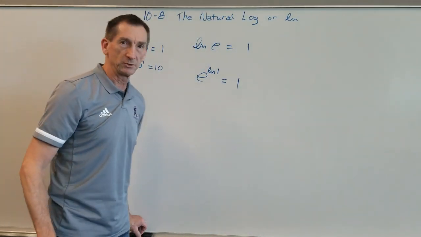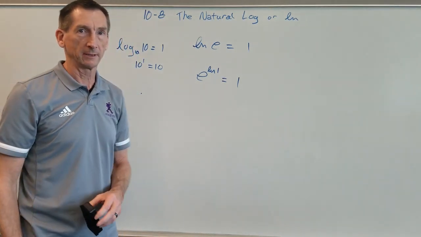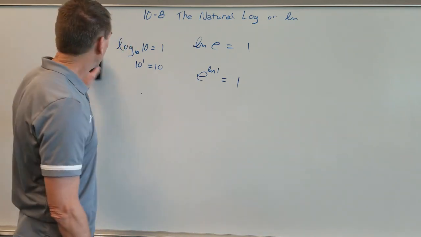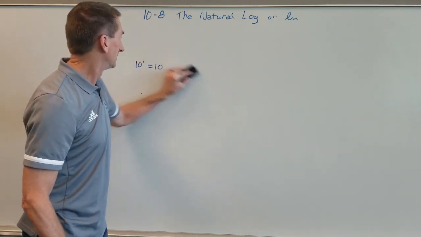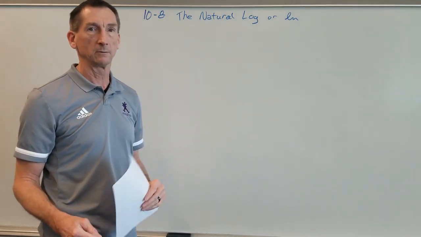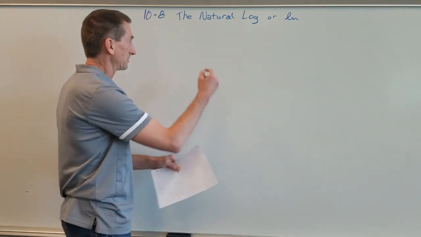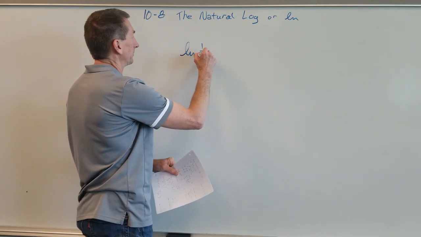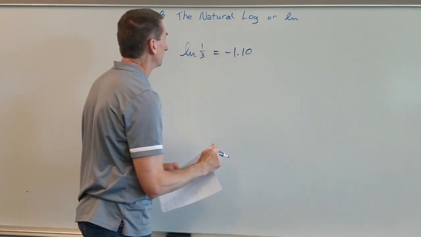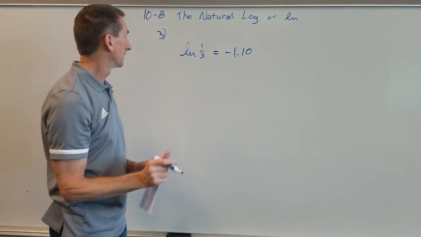So let's do some problems with natural log, which are really nothing different than the last section. It's just that we're using natural log instead of regular log. All the properties apply. Laws of logarithms apply just like they did with regular logs. So let's take a look at some of these. Natural log of 1/3 is equal to negative 1.10. This is number 3 of your written exercises.